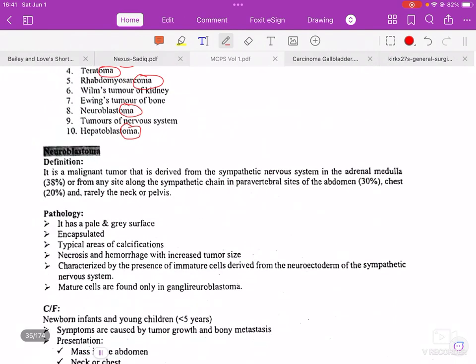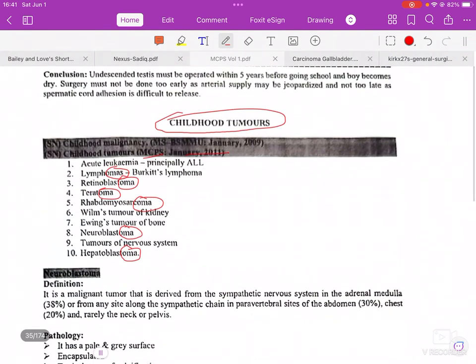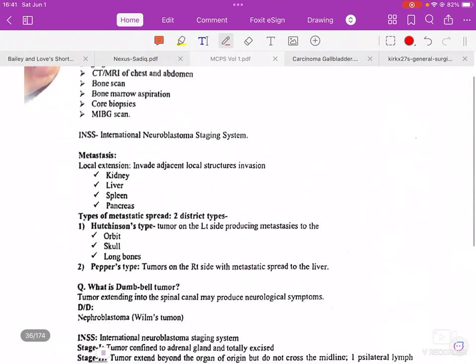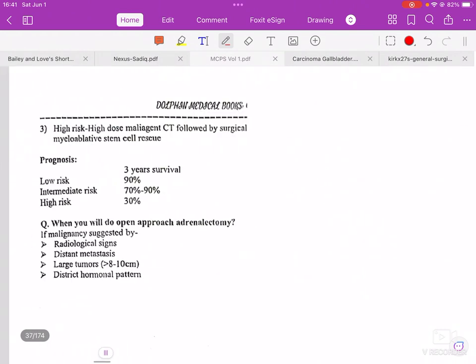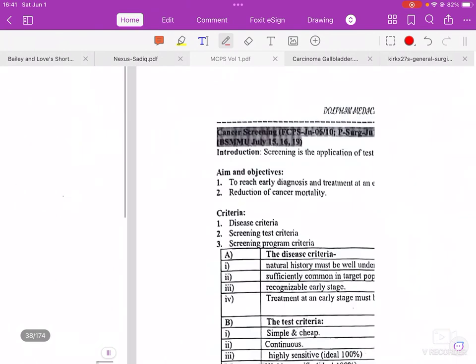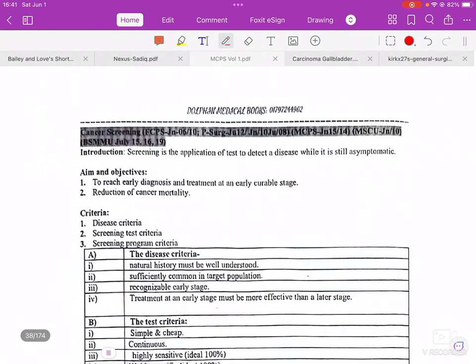Now comes another MCPS question, and this is cancer screening. Screening is the application of a test to detect a disease while it is still asymptomatic.